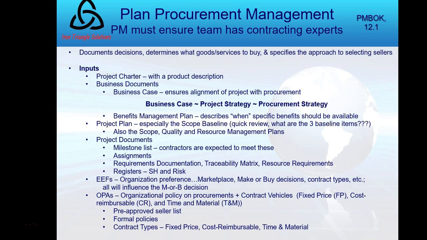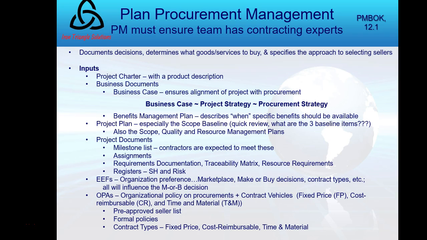Going down through the list of inputs, we have the charter, because that's going to provide a product description. Going back to the very first lessons we had in week 1, we're going to have business documents, which are going to include, as they did in week 1, the business case, making sure our procurement is aligned with the business need, and our benefits management plan.